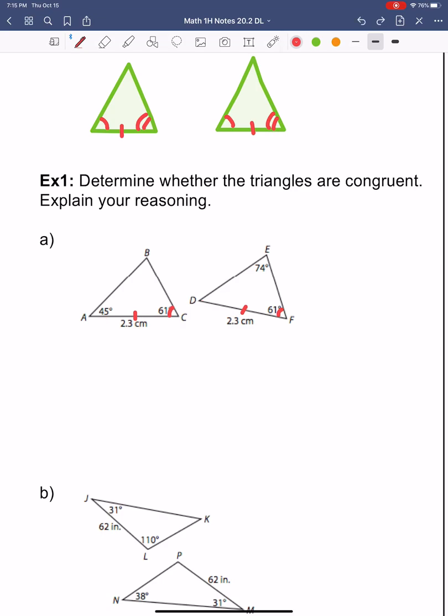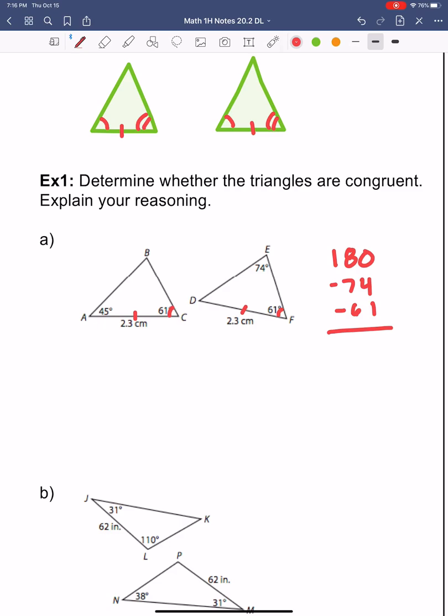But we can find what angle D is going to be, and we can do that by doing 180, because that's the total for this whole triangle, minus 74 minus 61, and then that should leave me with whatever angle D is, right?